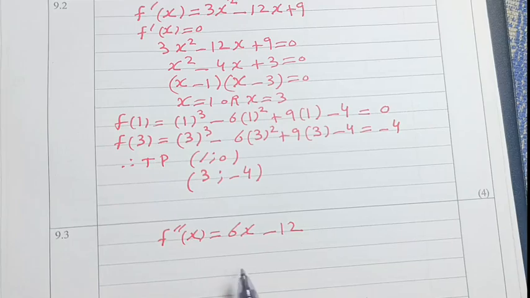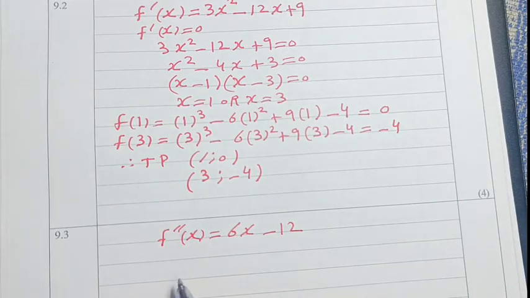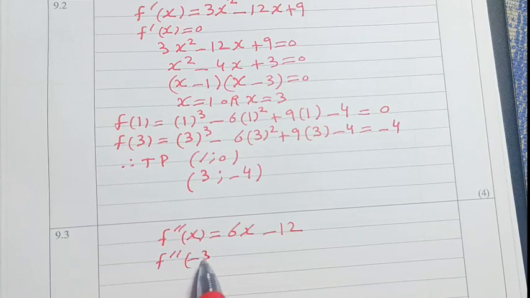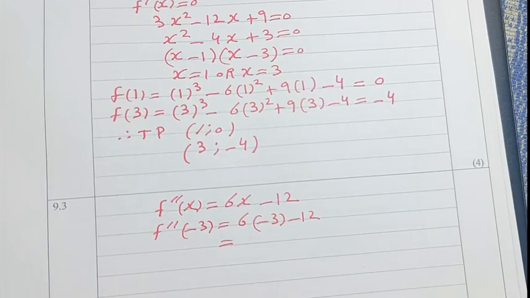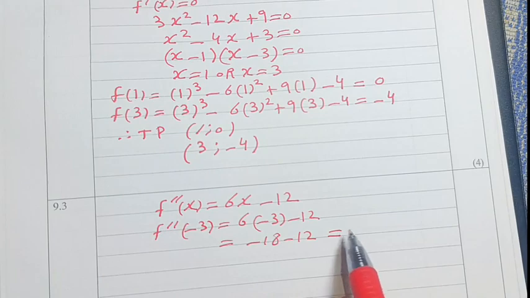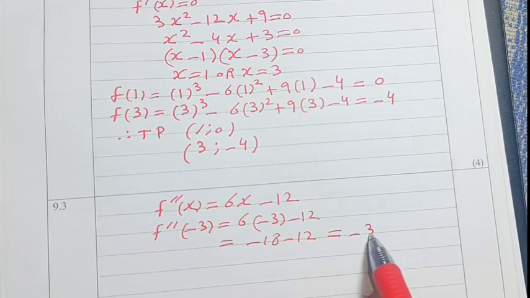Now we put x equal to negative 3 into the second derivative. So f double prime of negative 3 is 6 times negative 3 minus 12. I simplify: negative 18 minus 12, which is equal to negative 30.